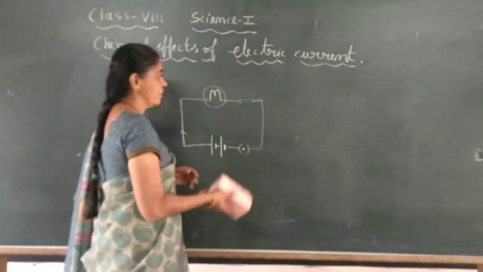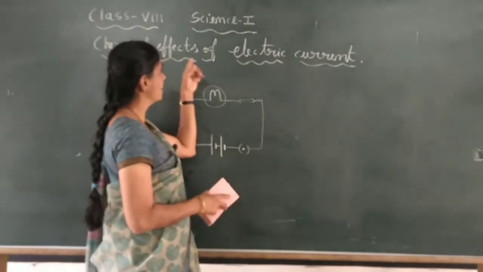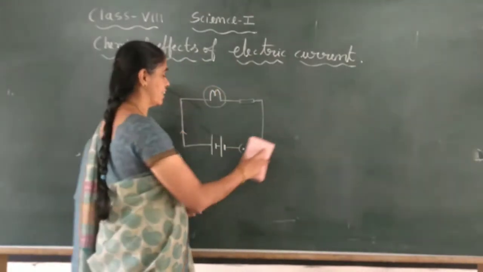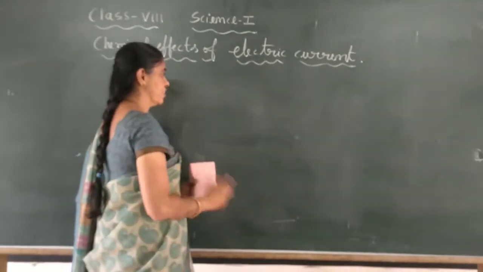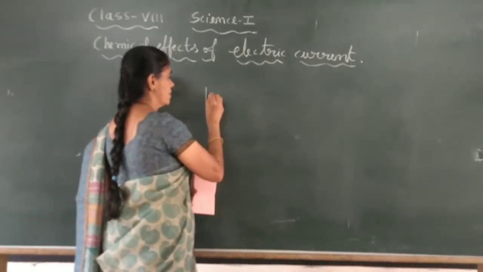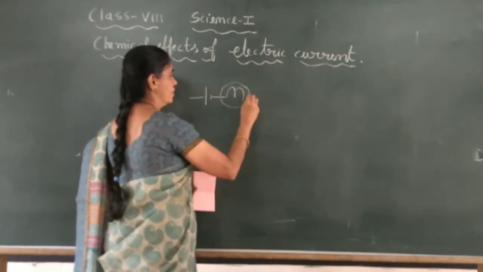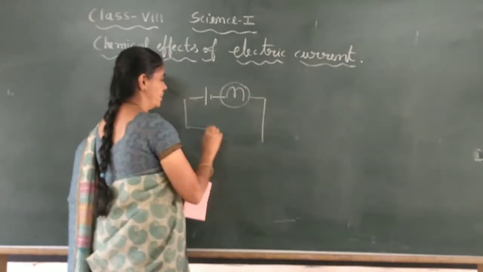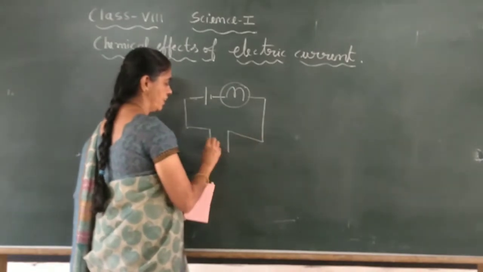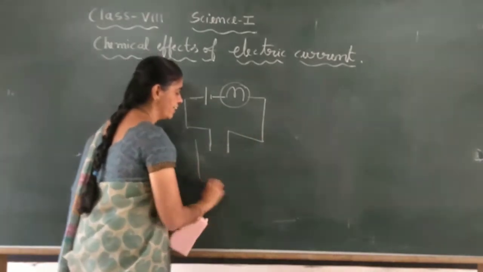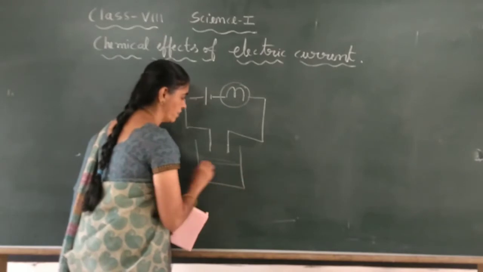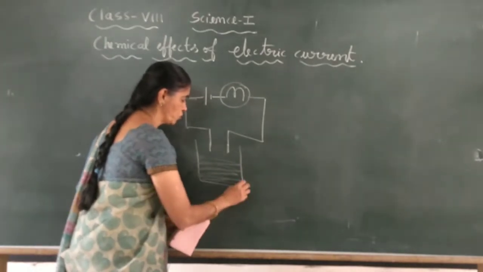Next, to learn the chemical effect of electric current, with this structure of the cell and the bulb, you take the free ends of the wire and put the metallic ends in a container with some liquid you want to test.